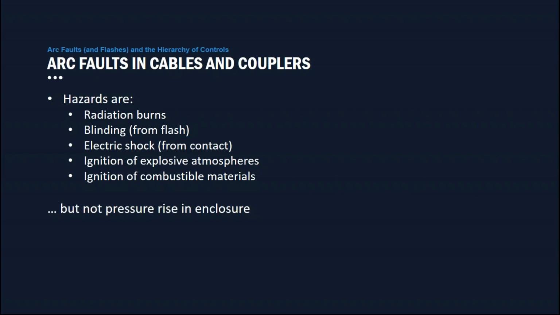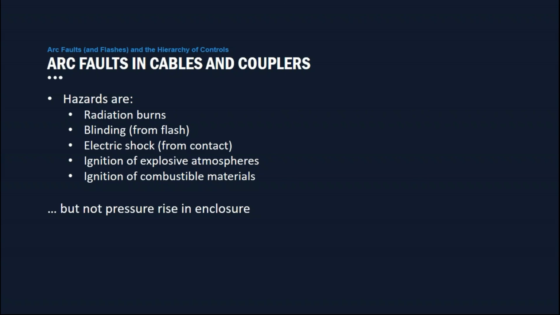Finally, arc faults in cables and couplers. If one reads the literature from mine safety, there are a number of instances where there are arcing flashes from cables where people have driven over them or pulled them down off the roof or something or other. And of course, the same hazards are there. You've got radiation burns potentially.